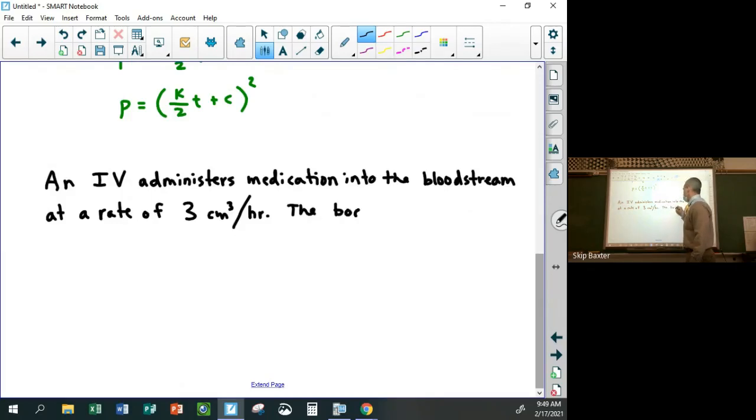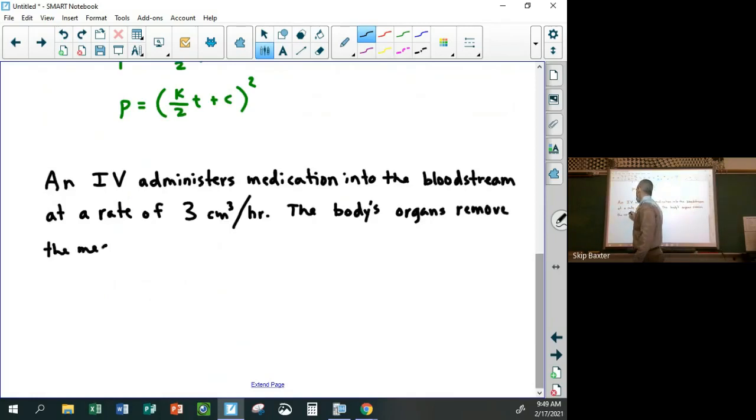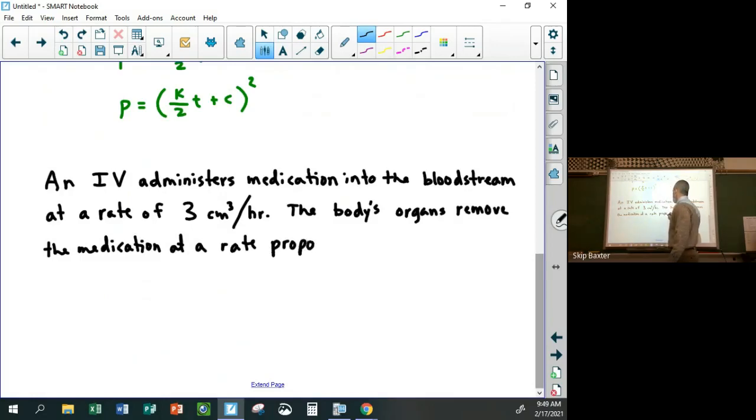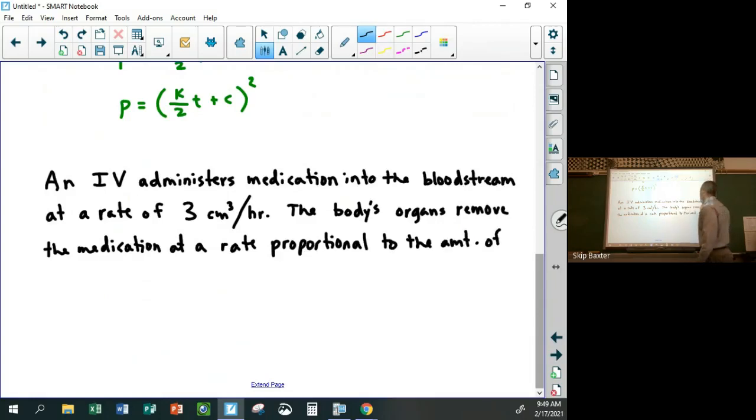The body's organs remove the medication at a rate proportional to the amount of medication present. Set up a differential equation that models this situation.